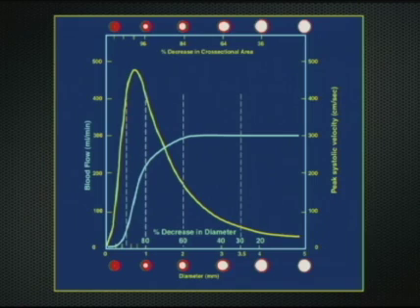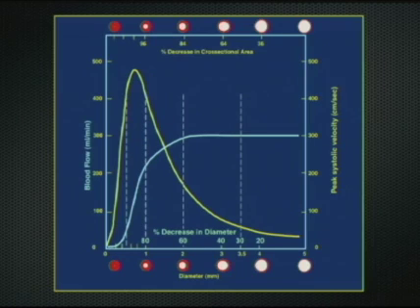Now, superimposed upon this graph is a blue curve, which is indicative of blood flow in milliliters per minute. This scale is shown on the left. You can see that for mild degrees of narrowing, 20, 30, 40% diameter reduction, the blood flow is unchanged, remains steady at about 300 milliliters per minute.